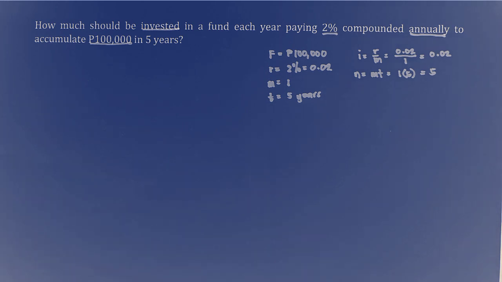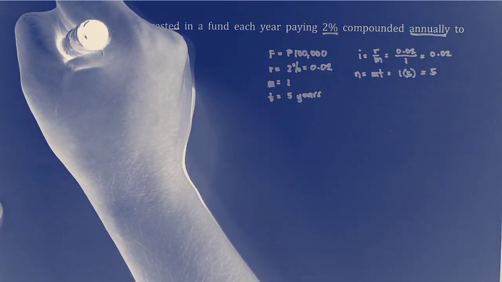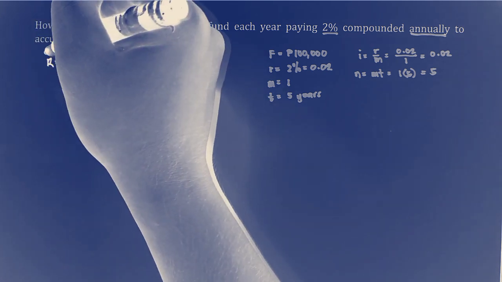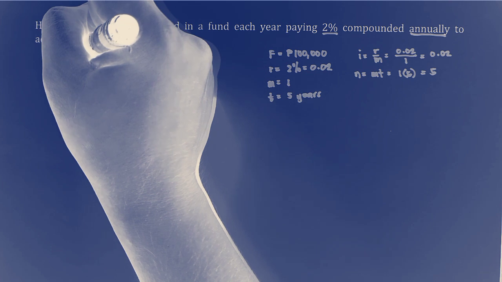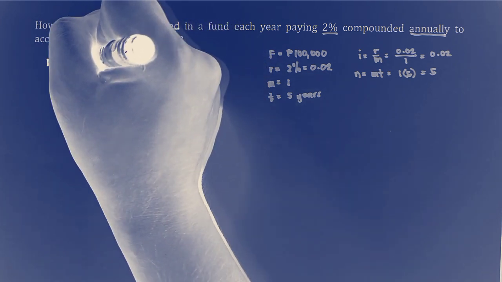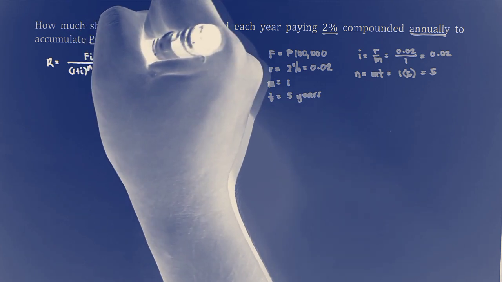So gamit itong mga values na ito, isa-substitute natin ito sa ating second na formula sa paghahanap ng periodic payment. So ang formula na yon ay R is equal to F times I over 1 plus I raised to N minus 1.